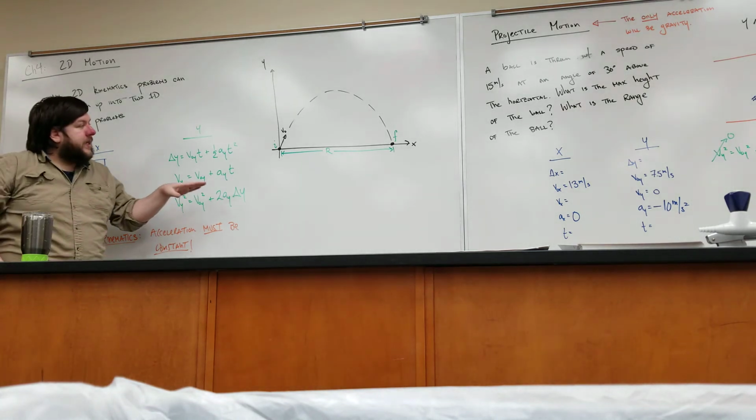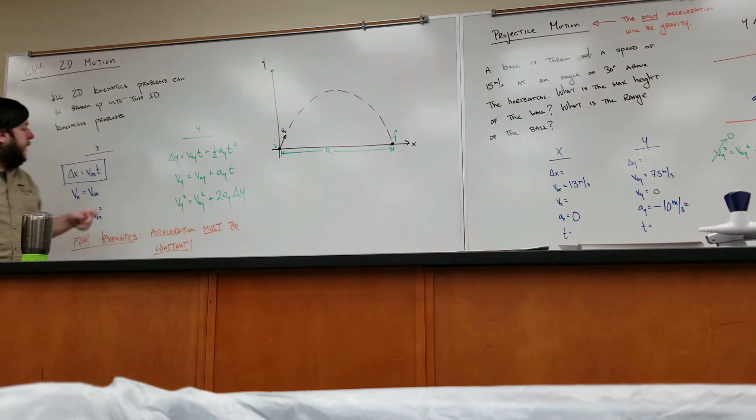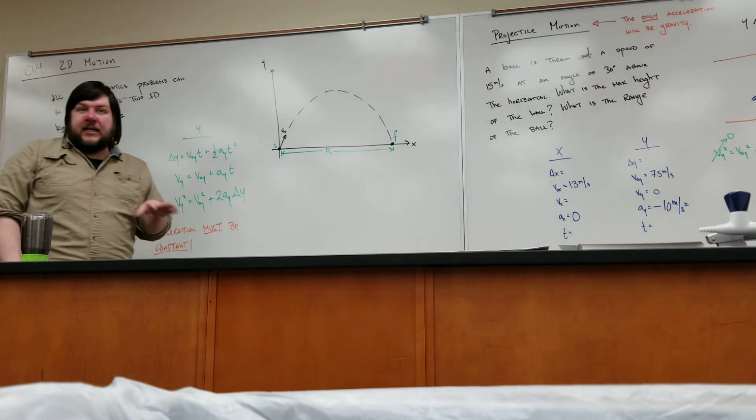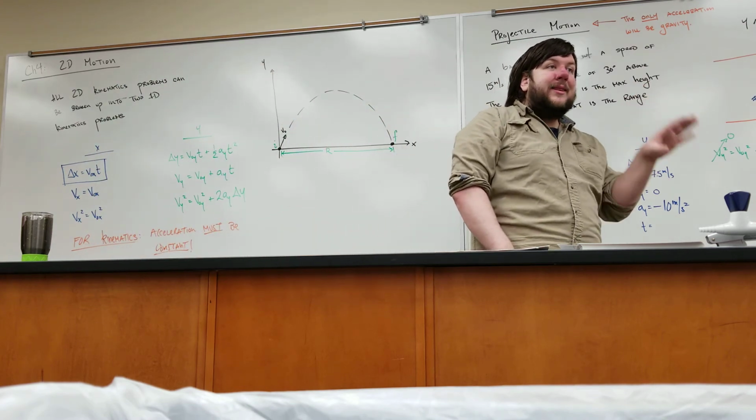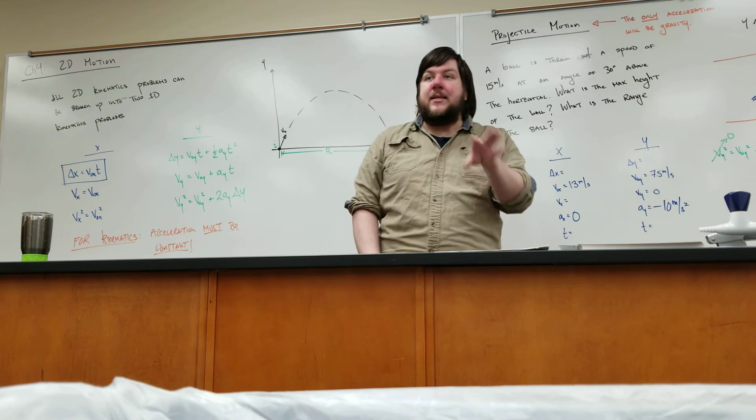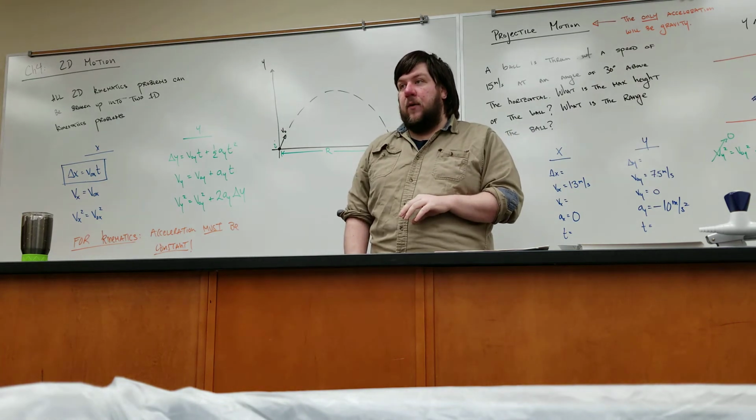So before we can solve the x direction for the range, we have to solve the y direction for the amount of time the object is in the air for. That's always going to be true in these projectile motion problems. If you want to solve time, nothing about the x direction limits how long the object is in the air for.